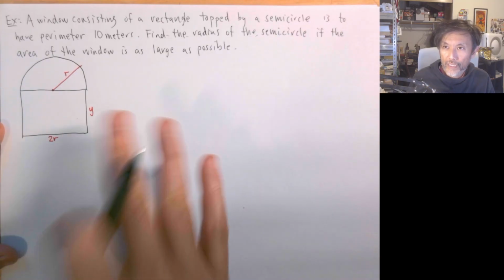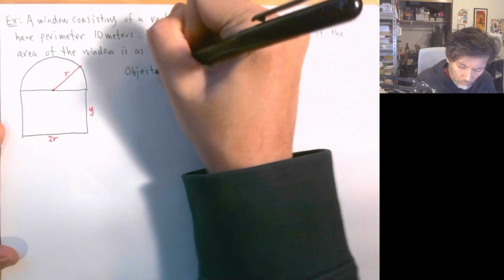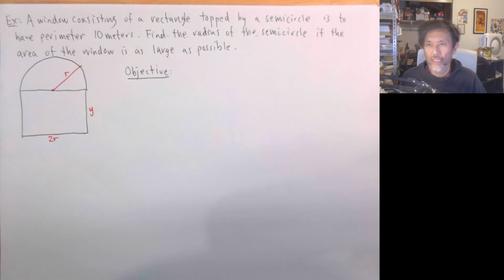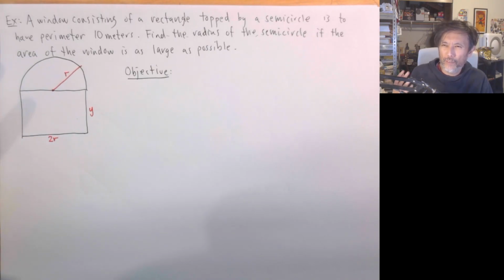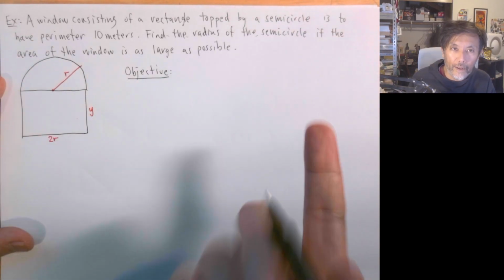So what is the objective in this problem? The objective is not quite the same as the goal. When we talk about the objective function, we're talking about the quantity we wish to make either as large or as small as possible. In this case, it's the area.